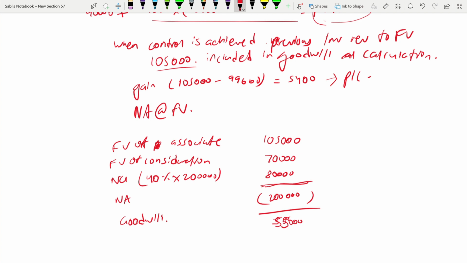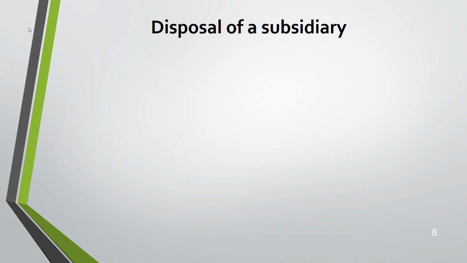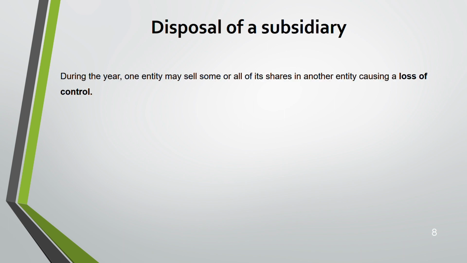Now we'll be moving on to the disposal. Disposal of a subsidiary. Remember whatever I've explained in acquisition, a similar rule you apply in disposal, except that now it's the opposite. Here you lose control. You might sell all the shares or you might sell some shares, but what matters is that it causes loss of control.